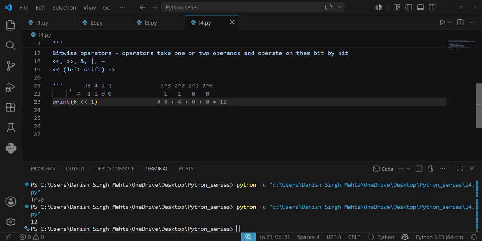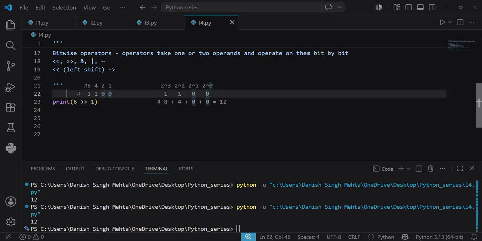And if I run the command that we have written here, print statement 6 left shift 1, what will become our output? 12. And here also we got 12. So this is how left shift works. Similar to that, we will do right shift by the value of 1 for 6.